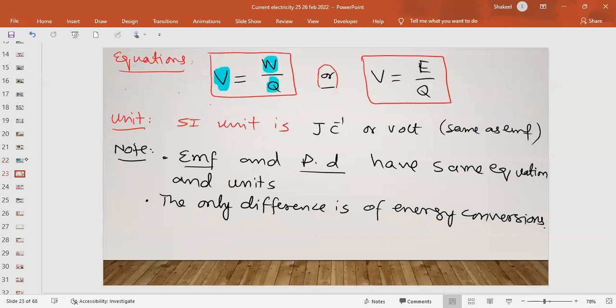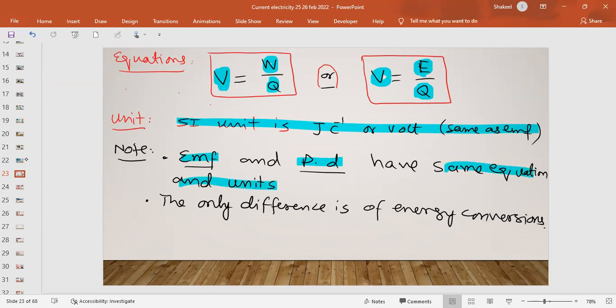Potential difference is work done per unit charge, or energy per unit charge, and its SI unit is volt, the same as EMF. So EMF and potential difference both have the same equation and the same units. The only difference is the energy conversion. In EMF, energy is converted from non-electrical to electrical, and in potential difference, energy is converted from electrical to non-electrical.